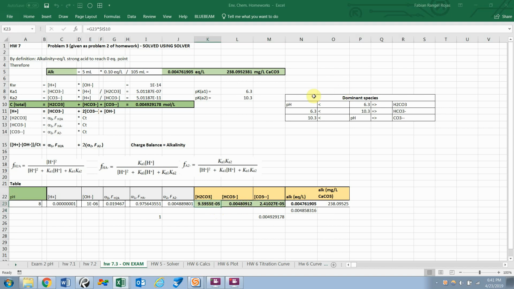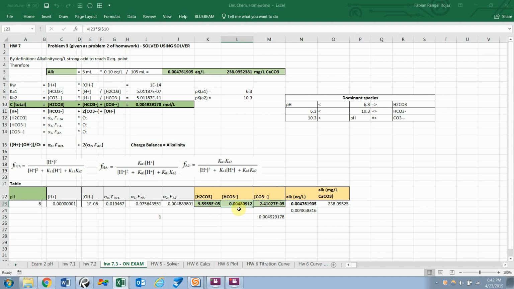I also added a little chart here because a good question would be to ask what is the dominant species here. The dominant species is clearly HCO3 minus. If you see here, this E represents a 10 to the minus of, so this is 9.59 times 10 to the minus 5, and this is 2.4 times 10 to the minus 5.